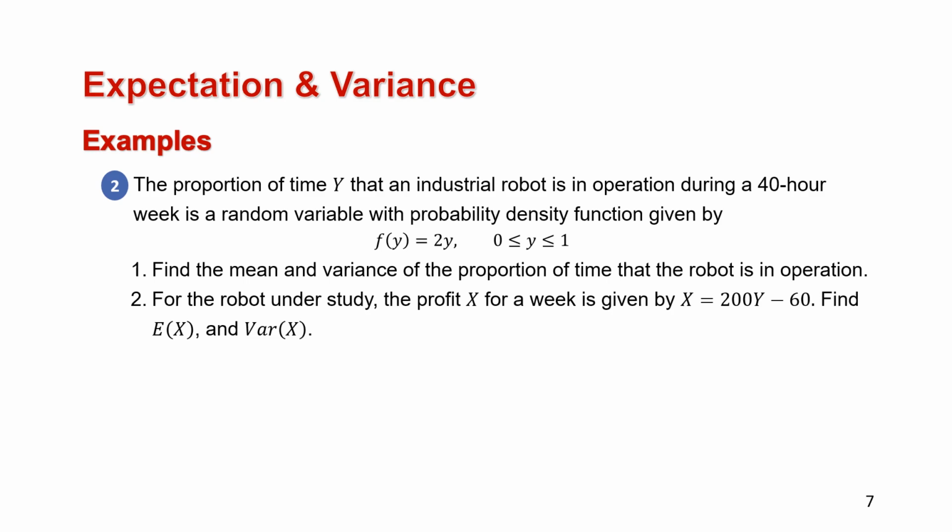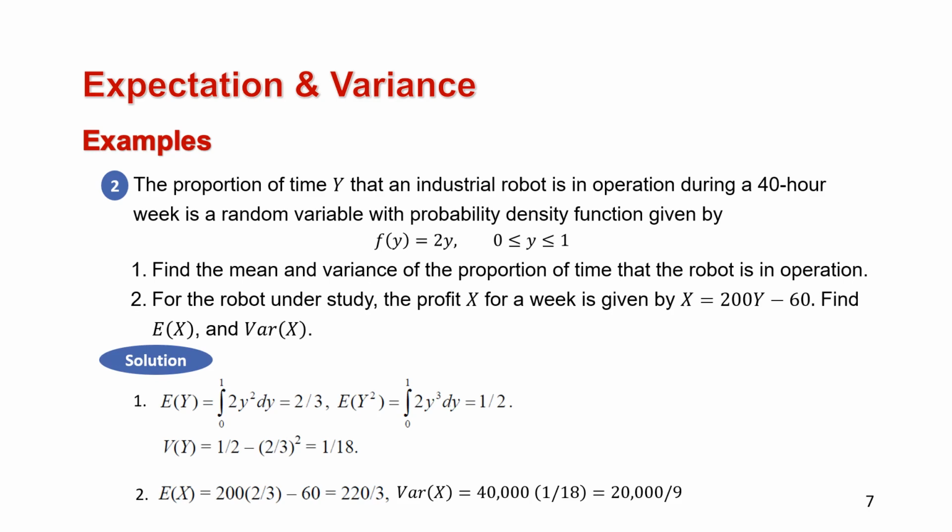Find the mean and the variance of the proportion of time that the robot is in operation, meaning the mean and the variance of y. For the robot under study, the profit for a week is given by L of x, a function of y, equal to 200y minus 60. Find the expected value and the variance of the profit.